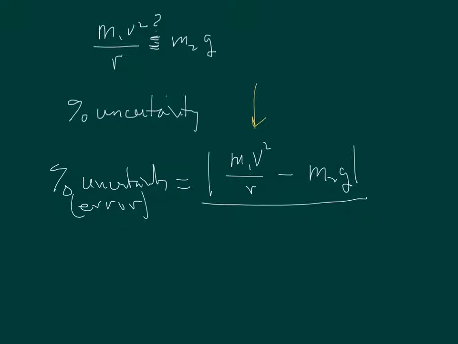V squared was measured. M2 g is actually the more accurate measurement here. And so I would think we divide this by M2 g, because we can easily measure the balance of M2 in the lab and g, and that is the most reliable measurement there. We multiply that by 100 and we get the percent error.